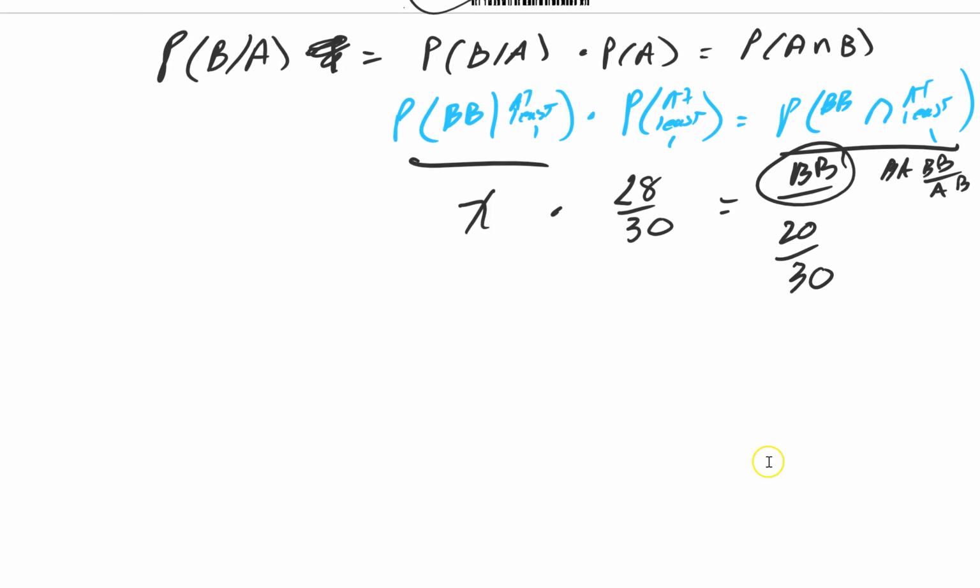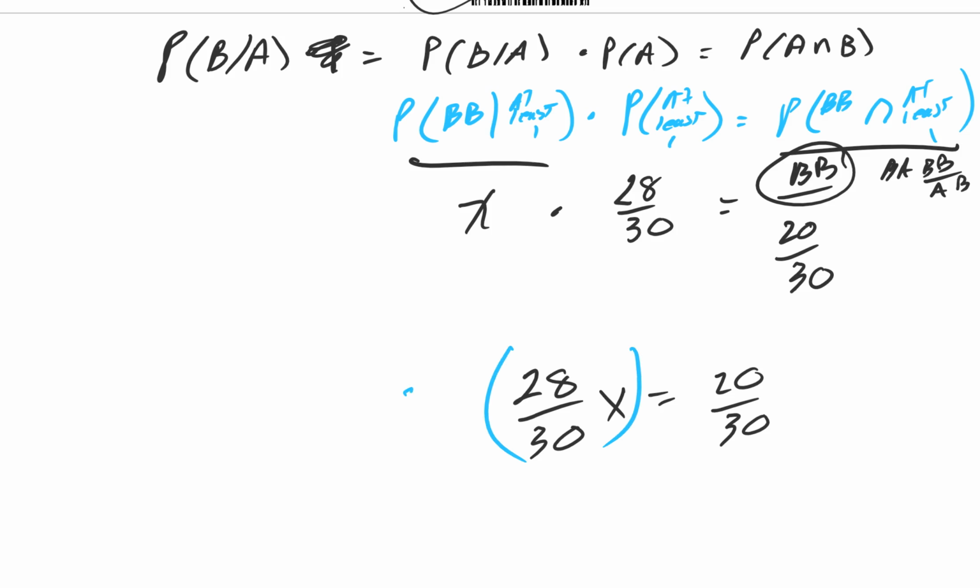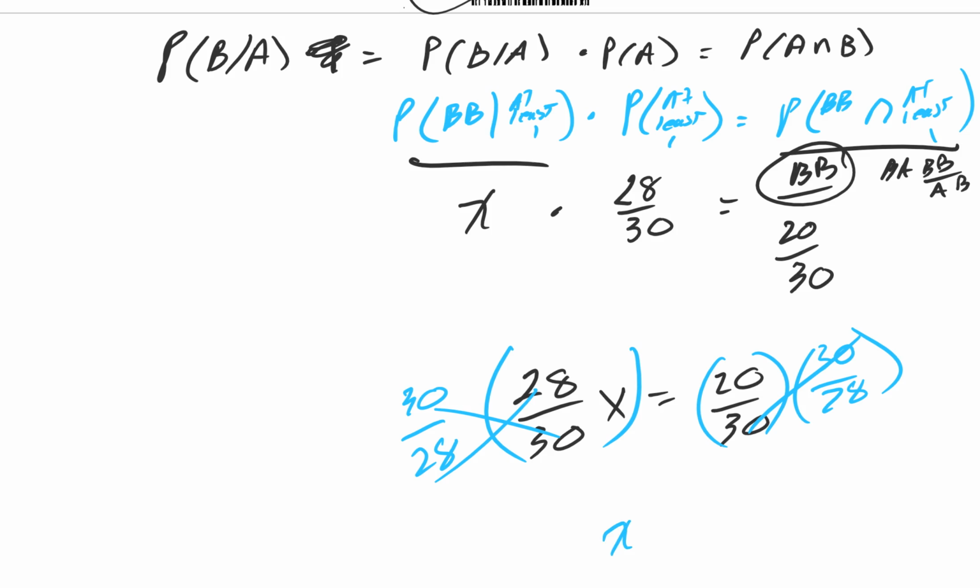Let me write it a little nicer. 28 over 30 x equals 20 over 30. All I gotta do now is solve for x. So multiply both sides by the reciprocal of 28 over 30, so 30 over 28. Stuff cancels, and you get x equals 20 over 28. So that's the conditional probability. And that's the end of the problem.